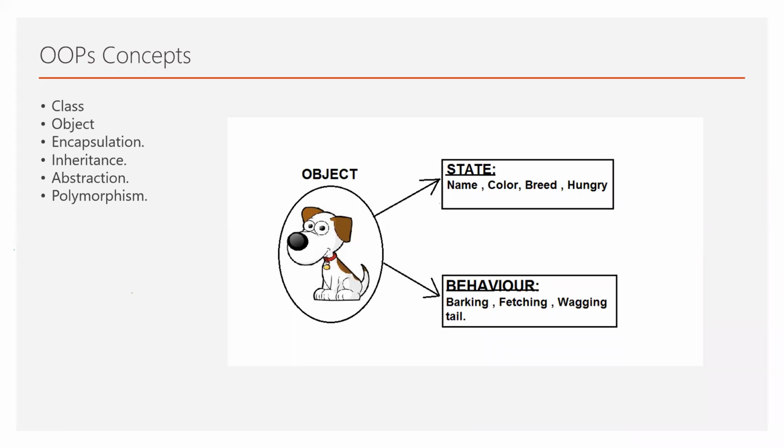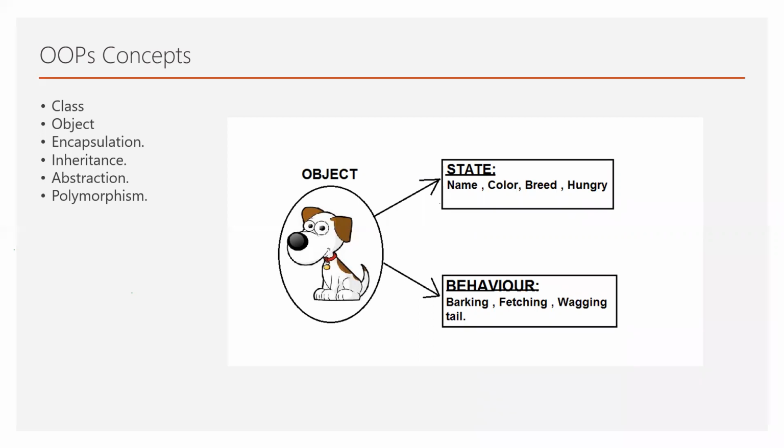Now we'll talk about the next most important object-oriented concept, inheritance. So what is inheritance? Inheritance is the process by which one object acquires the properties of another object. I'm repeating that statement again: inheritance is the process by which one object acquires the properties of another object.